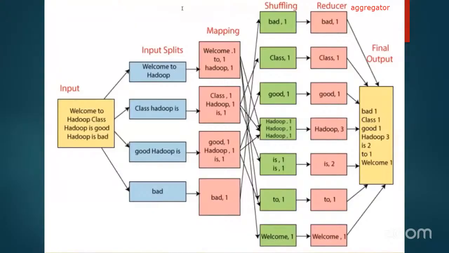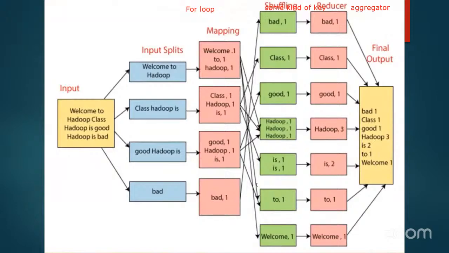Mapping is nothing but a for loop. What is shuffling doing? Shuffling will collect the same kind of information or keyword. So finally, you are getting the output here. That is bad 1 time, class 1 time, good 1 time, Hadoop 3 times, is 2 times.